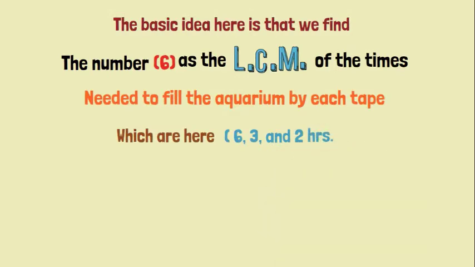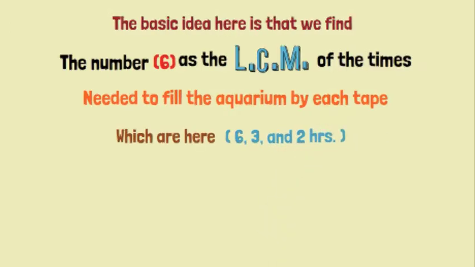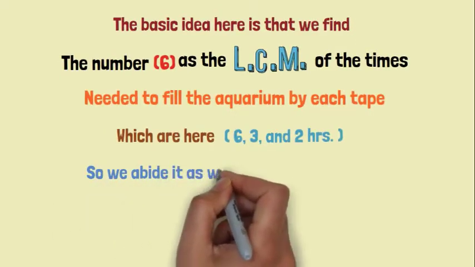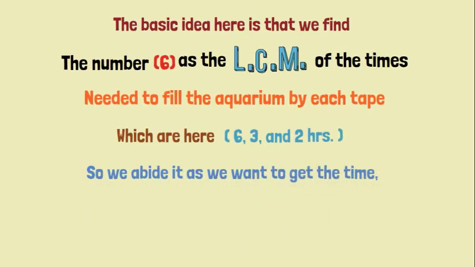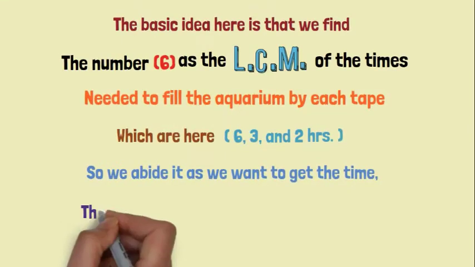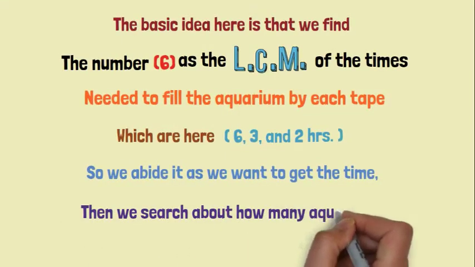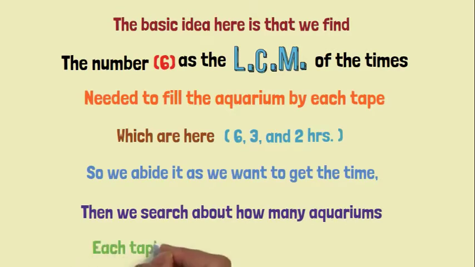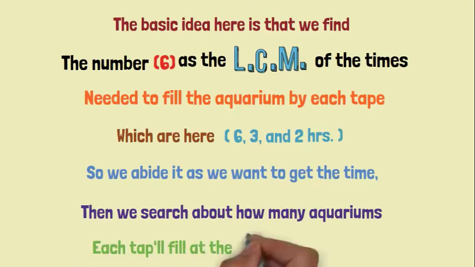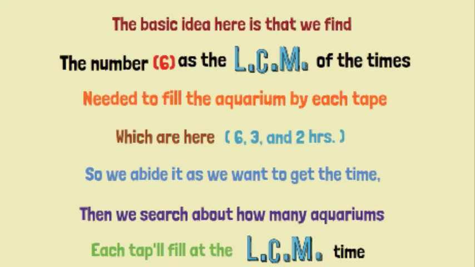So we get 6 as the LCM, or least common multiple. So we applied it as we want to get the time. Then we search for how many aquariums each tap will fill at the least common multiple time. This is the first way to solve the problem. What about the second one? Let's see.